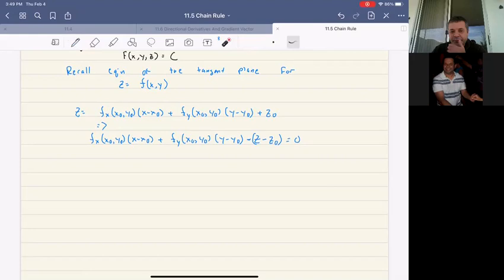All that's the same. So what did we do? We took this z and subtracted it over to this side. This plus z becomes a minus, and that minus gives you plus z0. I want you to keep that in mind.